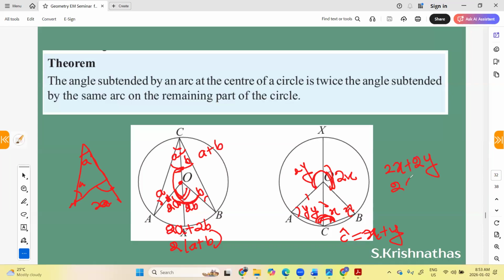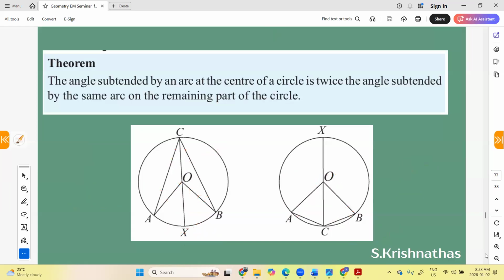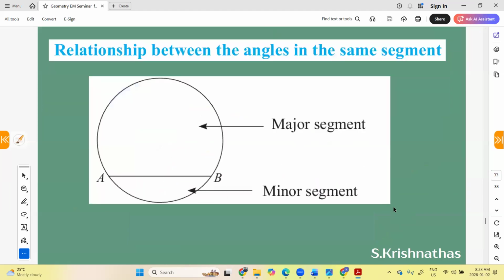If you take out 2, it is 2 times x plus y. So the angle subtended by the arc at the center of the circle is twice the angle subtended on the remaining part of the circle. This is the formal proof. Right? Okay, so next.